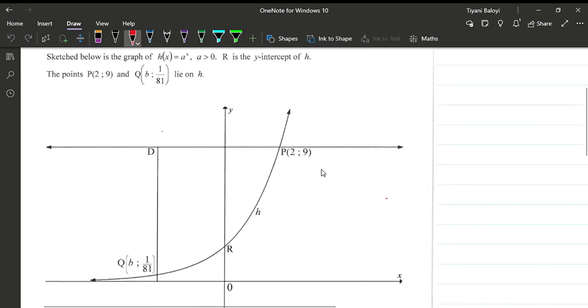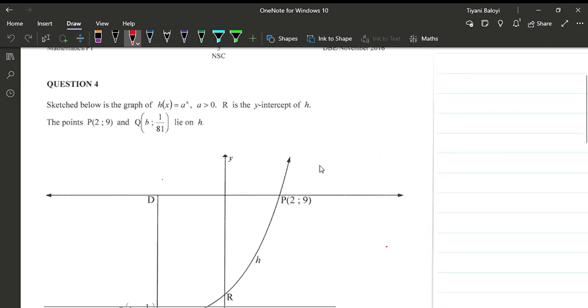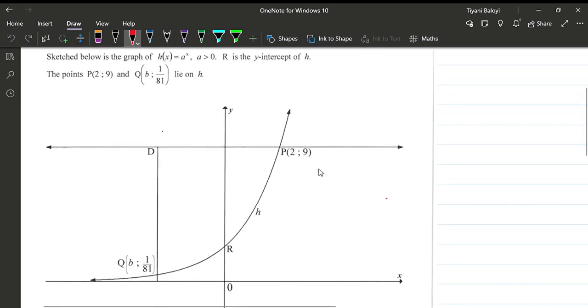So we can already tell from the notes at the top that this is an exponential function, and since they've specified that a is greater than 0, even without seeing the function, from the graph itself we can tell that it's something like a concave up, something like this. Okay, that's a positive exponential function.